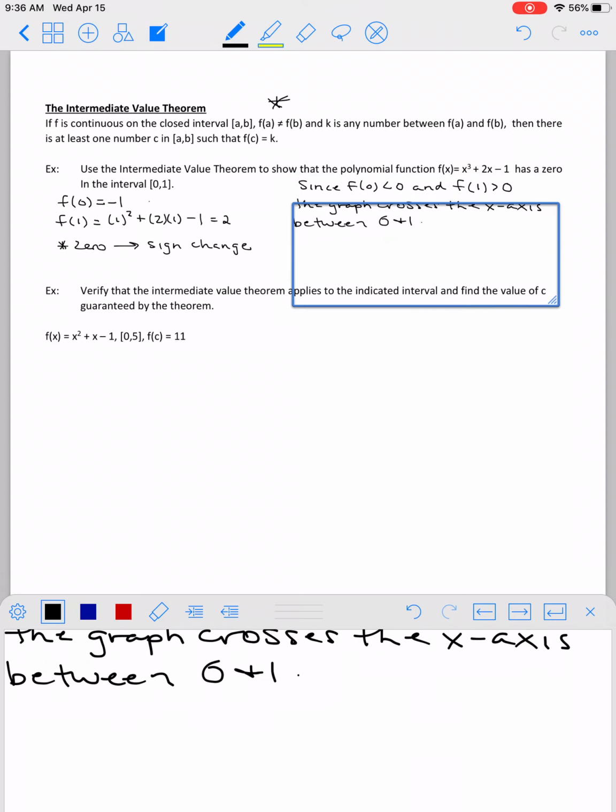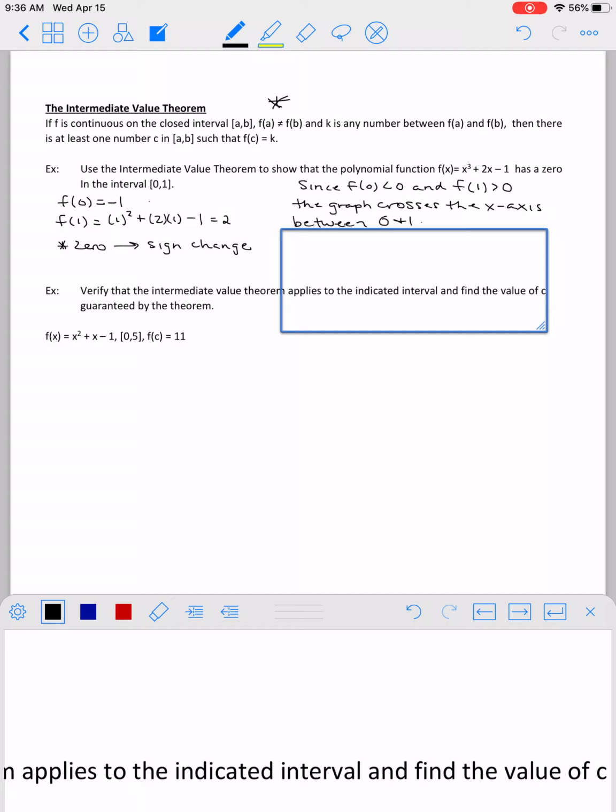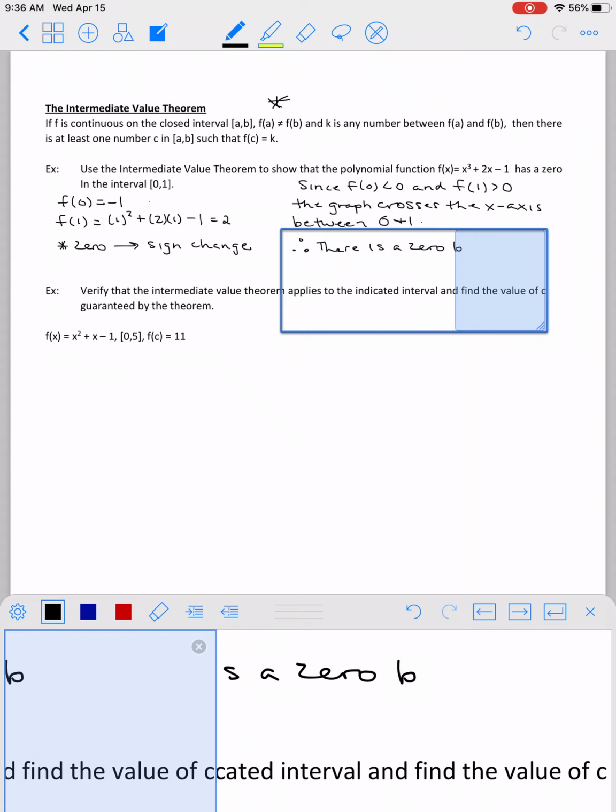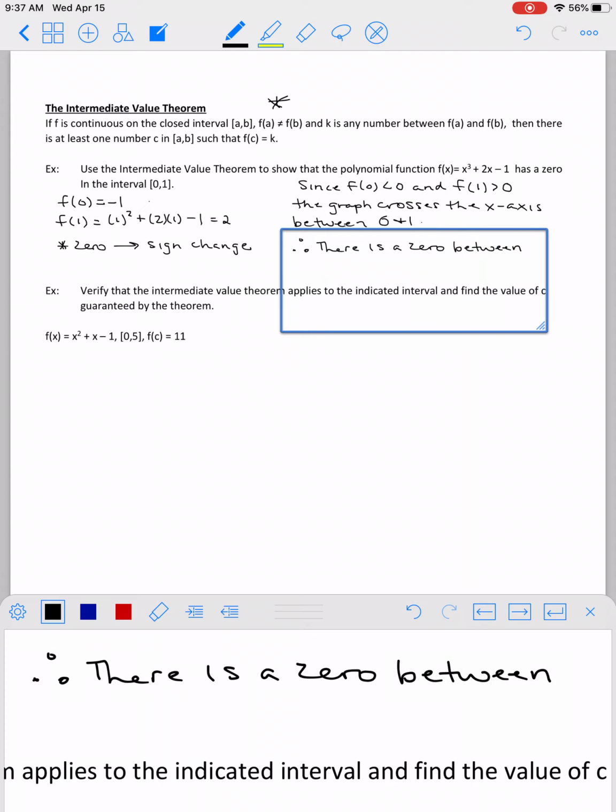So what this means for us is that therefore there is a 0 between, that there is a 0 in our interval 0 to 1.